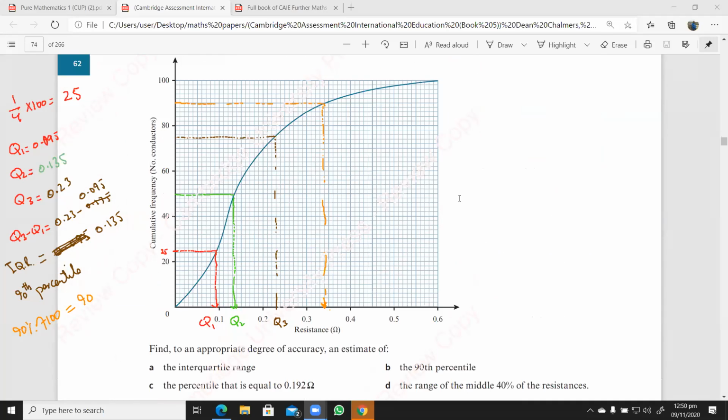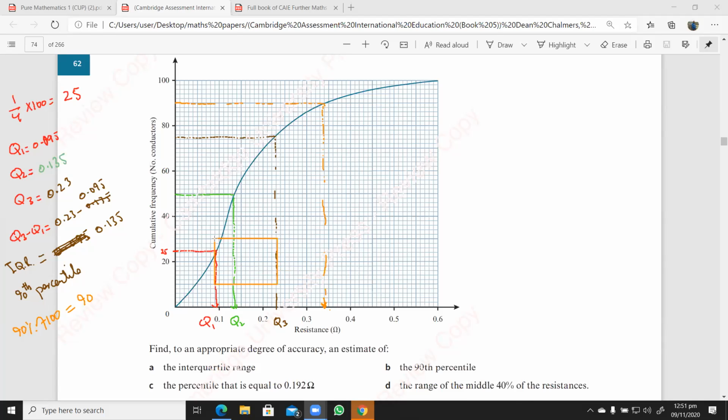Okay, so now let me show you how to draw this. My box is going to be starting from 0.095, and it will be ending at 0.23. So the 0.095 was here, and this goes up to 0.23, yes.